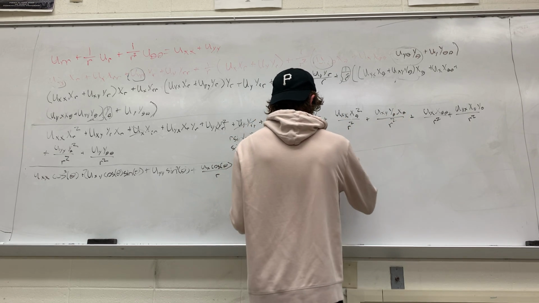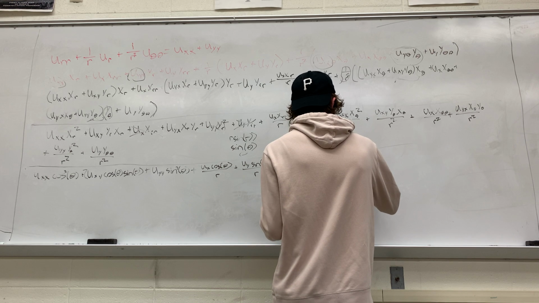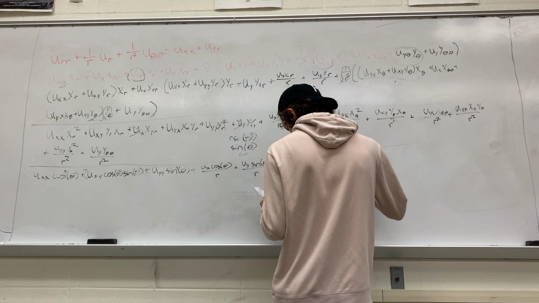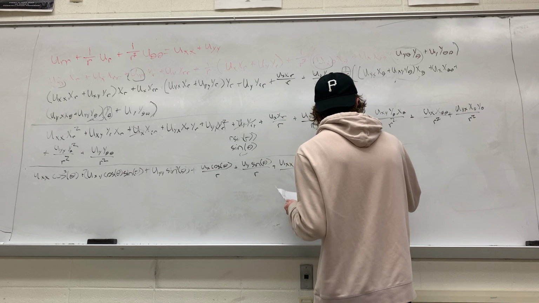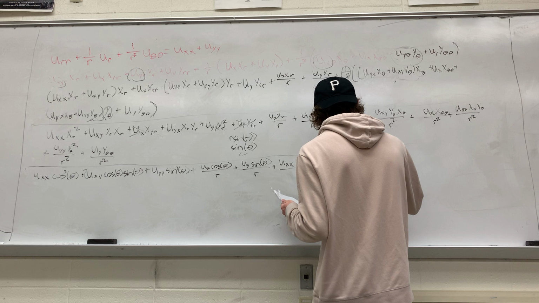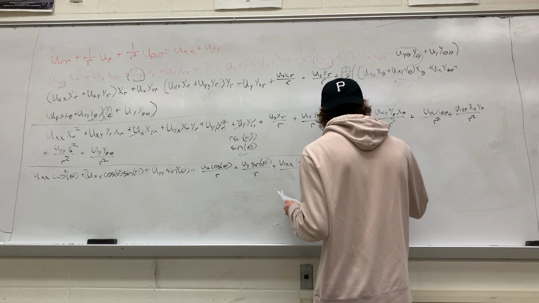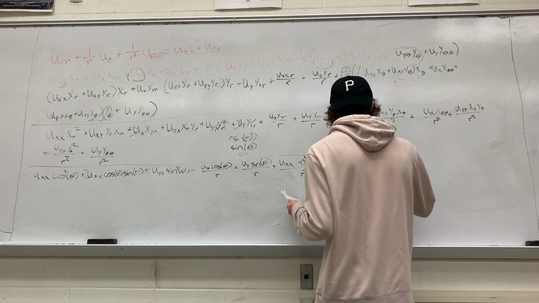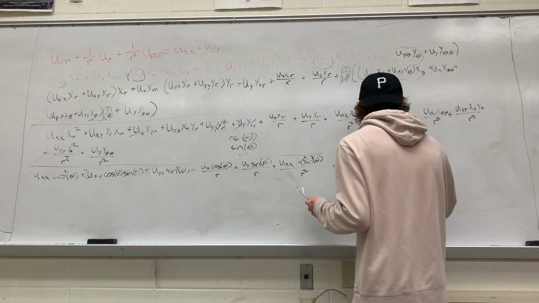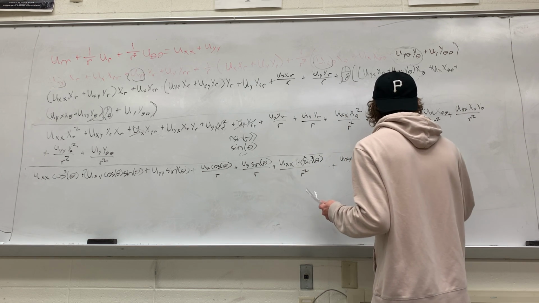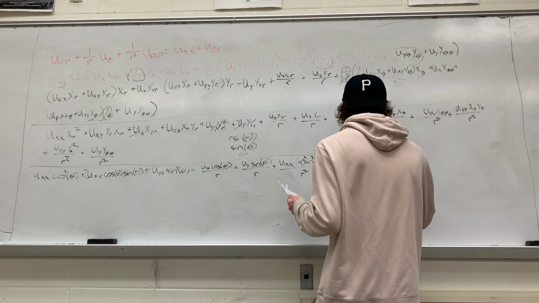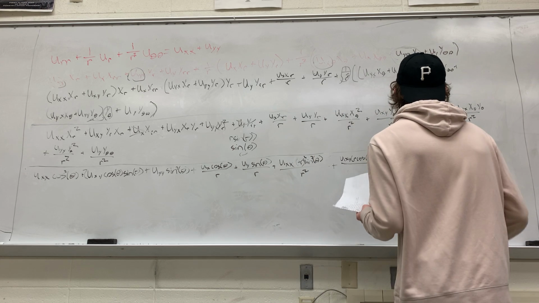So there we will have u xy times r cosine of theta times negative r sine of theta all over r squared.